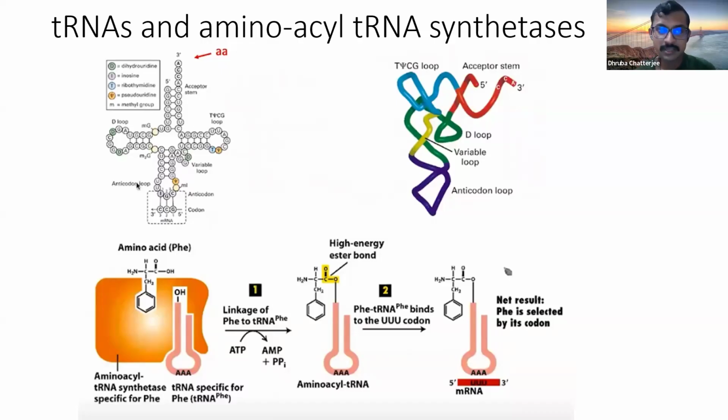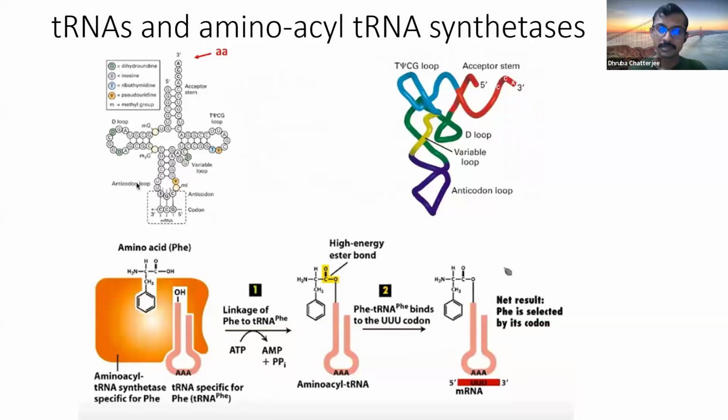But you can think that single-stranded RNA can also fold upon itself. For example, why is DNA a double helix? DNA is a double helix because two DNA strands are held together by complementary base pairing, through non-covalent hydrogen bonds between the purines and pyrimidines of the two different strands, right?